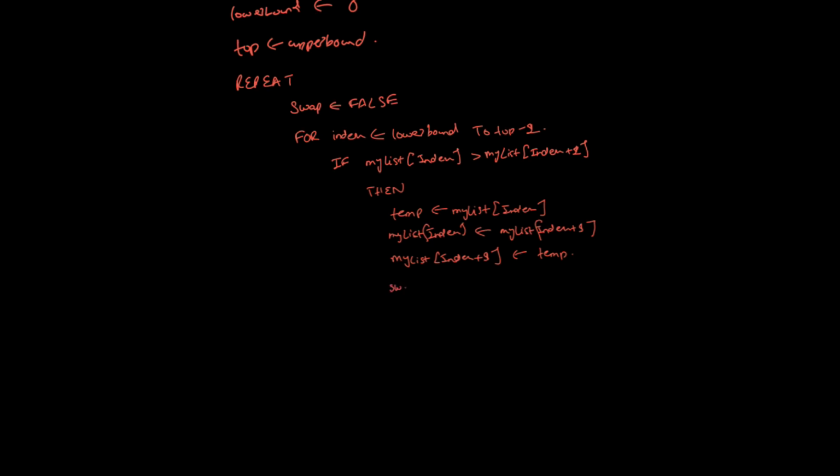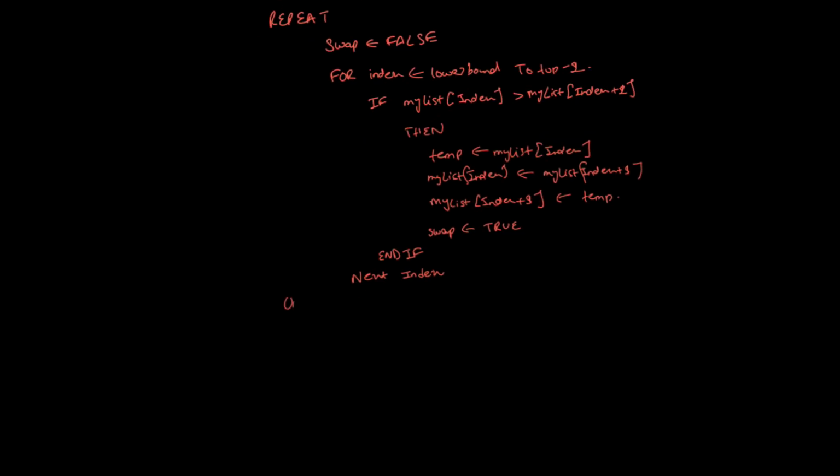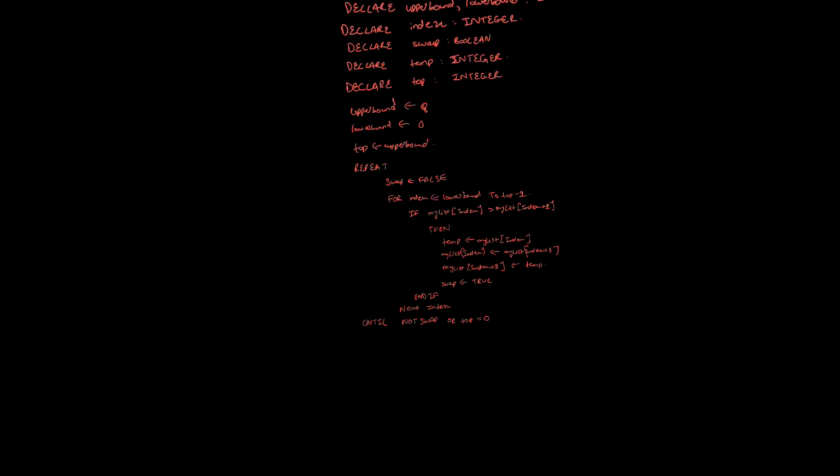After this has been done, the swap variable is going to become true, and then we're going to use endif, and we're going to do next index, and we're going to repeat this until not swap. So until swap is false, or either we reach the variable top value to be 0.